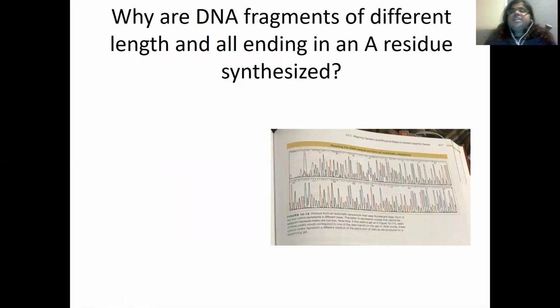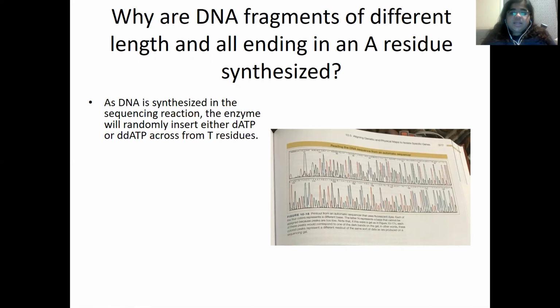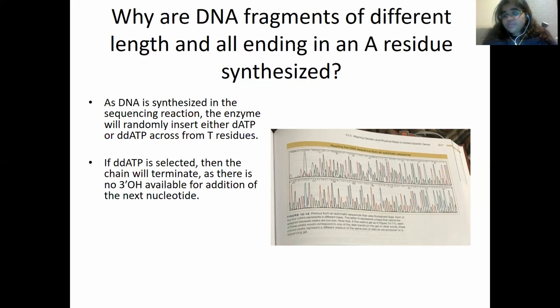So why are DNA fragments of different length, all ending in a residue that is synthesized? As DNA is synthesized in the sequencing reaction, the enzyme will randomly insert either a dATP, which has the hydroxyl group, or the dideoxy ATP across from the T residues.